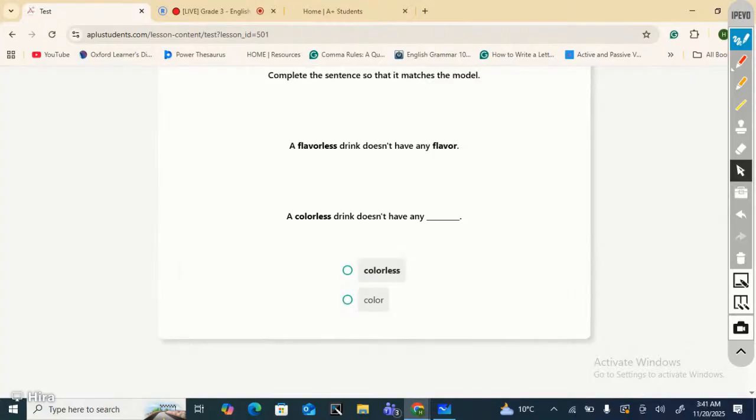Good job, Elite. And who is the other one? Shaw. Color. Yes, your answer is correct. It's option two. You're right. A colorless string doesn't have any color. Good job.